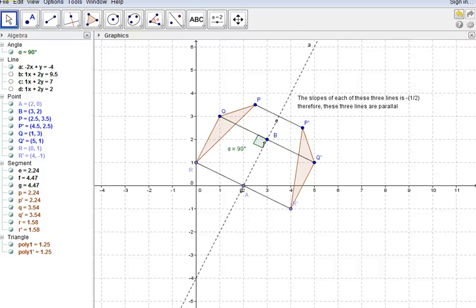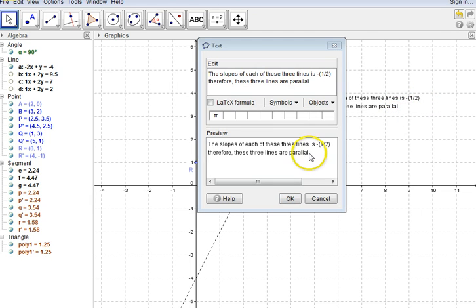So this is a line that has a slope of rise of 2, run of 1. Oh, I've misspelled parallel. Let's fix that.